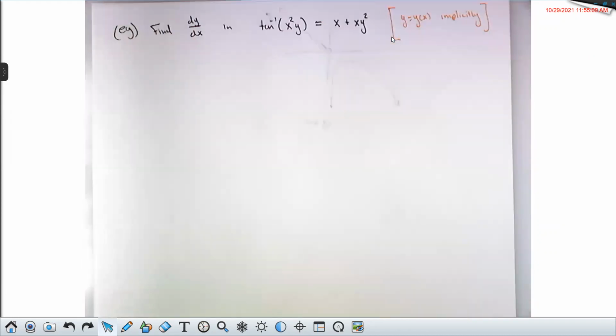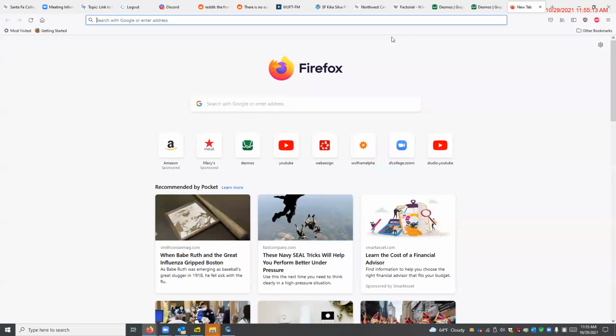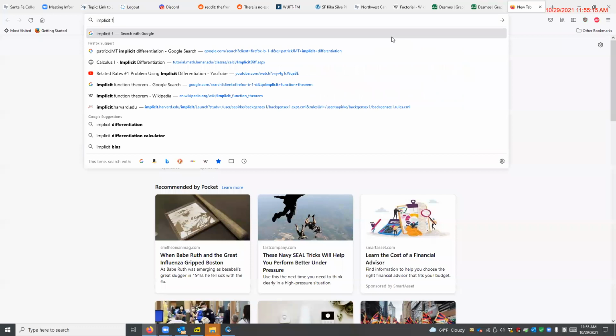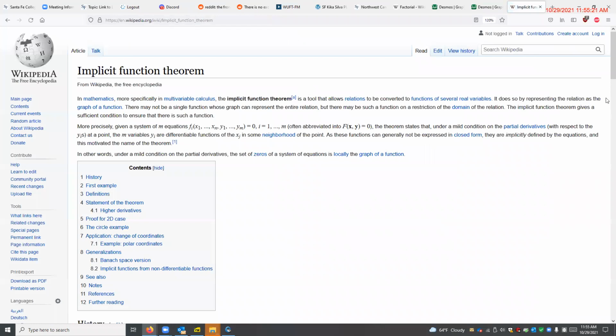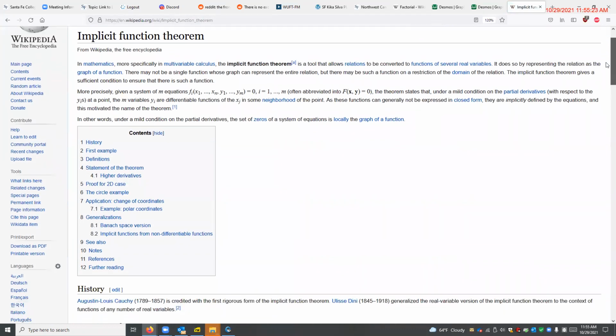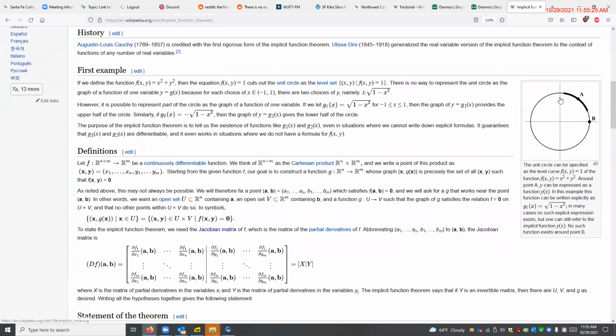There's a beautiful theorem that is just beyond the scope of this class called the implicit function theorem. It's one of a two-part theorem, implicit function theorem and inverse function theorem, that discuss when a curve can be thought of as locally a function. So the classic example here of the circle fails the vertical line test, right?